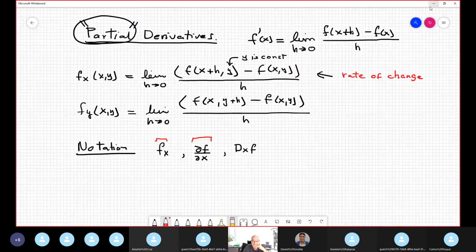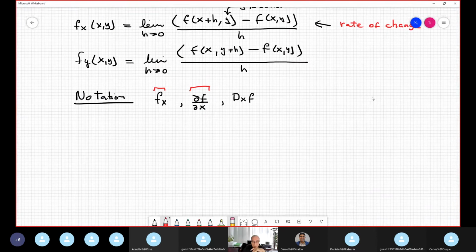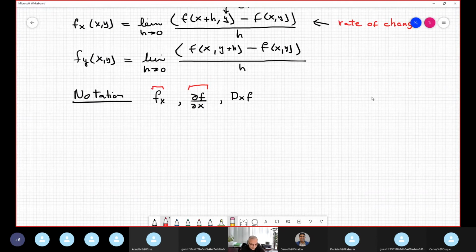So what is the algebraic idea for the partial derivative? Let's do an elementary problem. I want to complicate it a little bit. Our goal so far is focusing on the computation of the partial derivative algebraically.